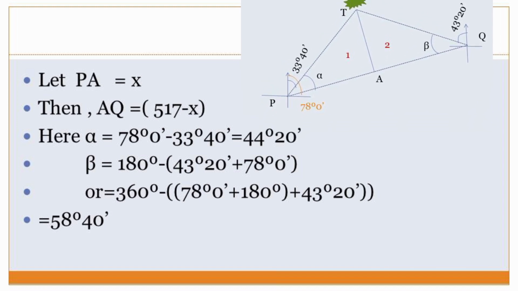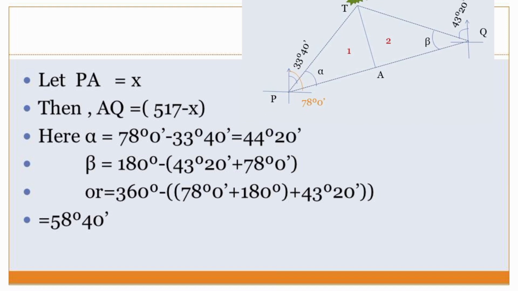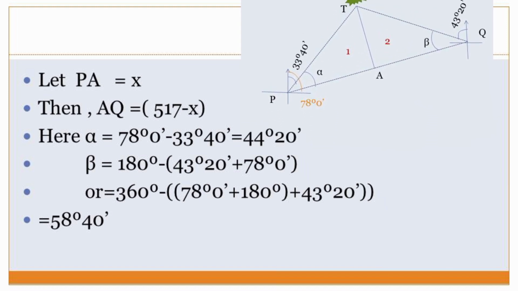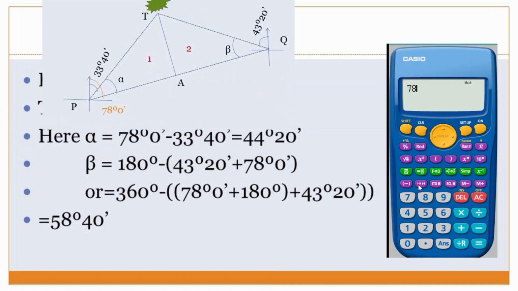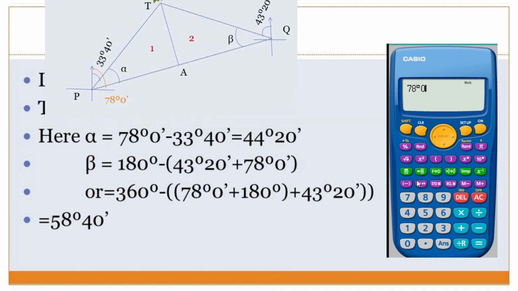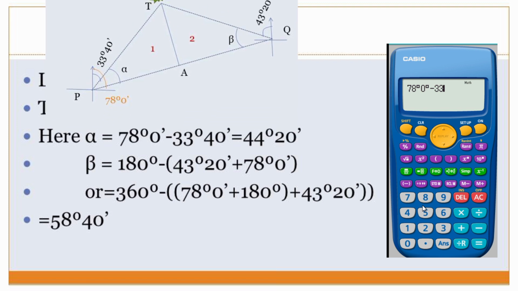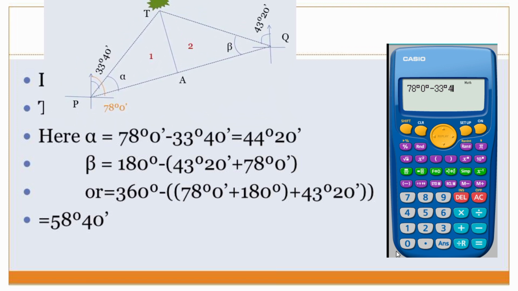If they are in the first quadrant, they are direct, so I subtract. That is 78 degrees minus 33 degrees 40 minutes, getting an answer of 44 degrees 20 minutes. That is my alpha angle.